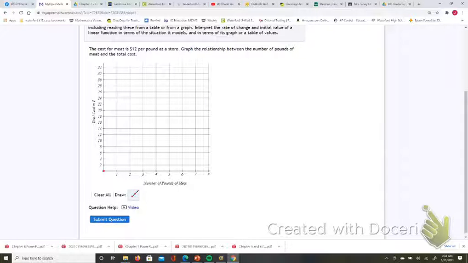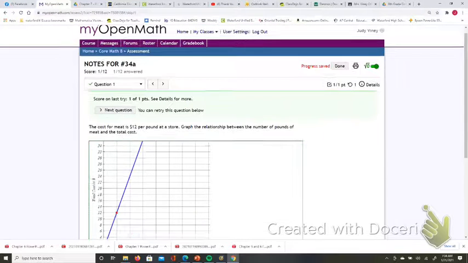So we start with a dot at 0. And then it's going to cost $12 if we buy 1 pound. So we're going to go up to $12, 1 pound, and there is our graph. Remember that this is called a proportional relationship because it starts at 0, 0. And then we submit our question and we go to number 2.